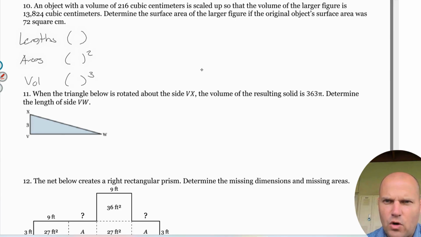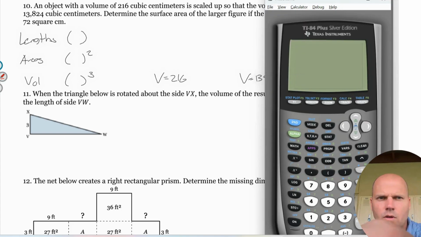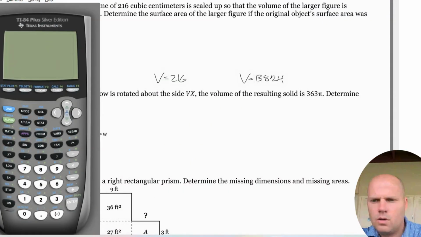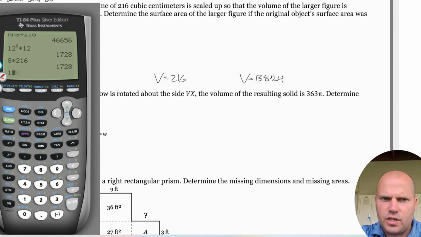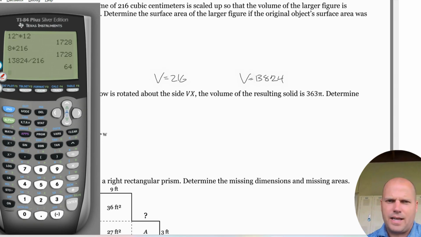We started with a volume of 216, and then it's scaled up so the volume is 13,824. We start with 13,824, and I'm going to divide it by 216, and boom, I get that this volume is 64 times bigger.